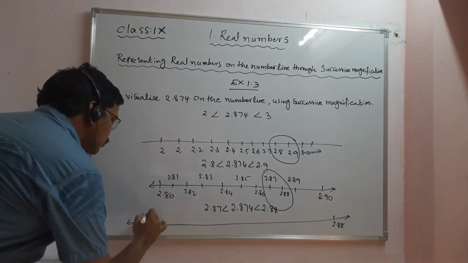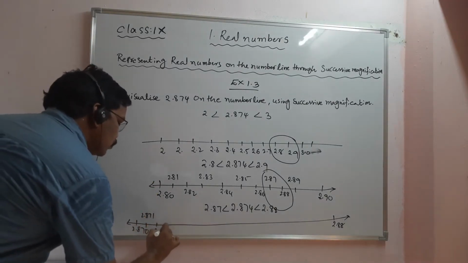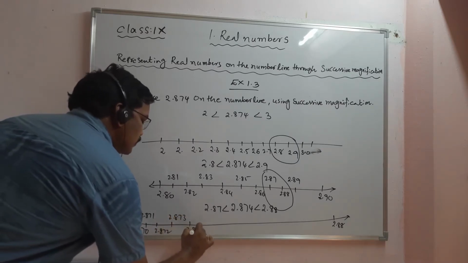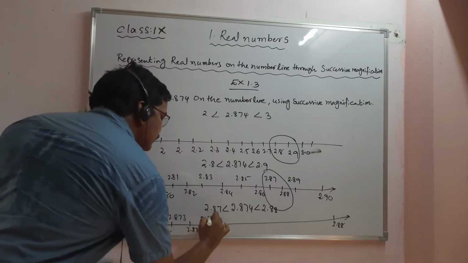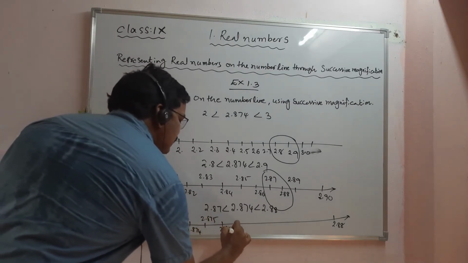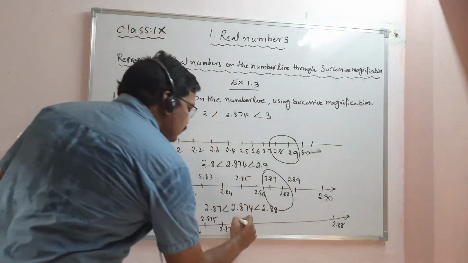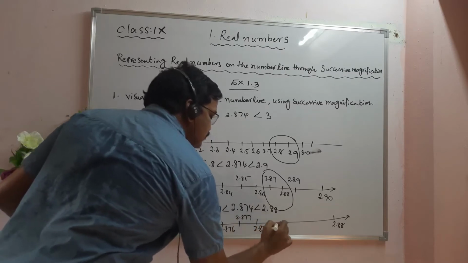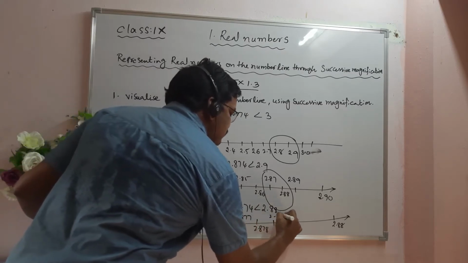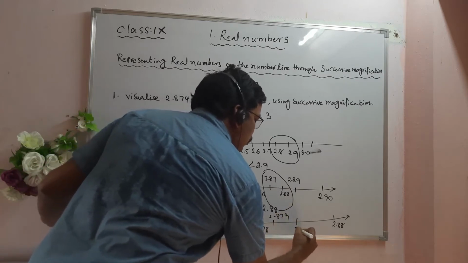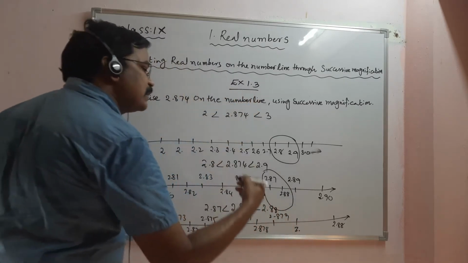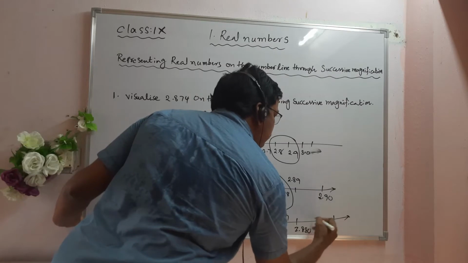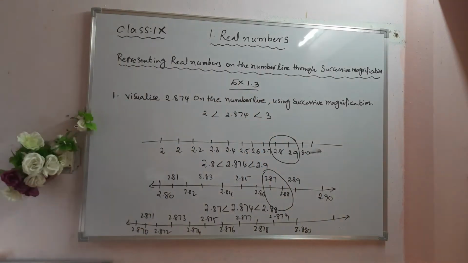Right. This is 2.871, 2.872, this is 2.873, this is 2.874, this is 2.875, this is 2.876, 2.877, this is 2.878, and this is 2.879, and after 2.879, 2.880.